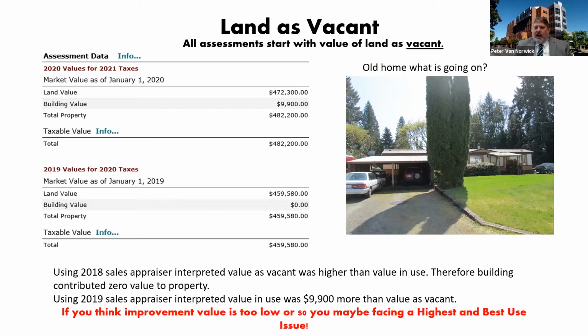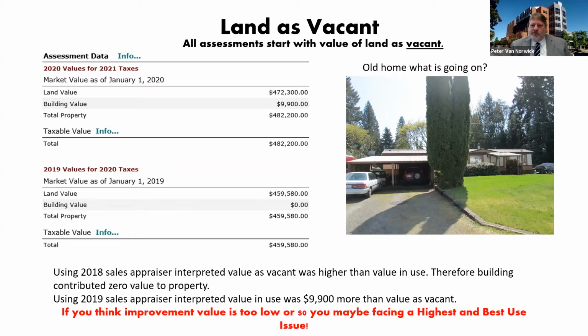If you have a highest and best use issue, a lot of times you can't get conforming residential loans on them, because we're basically saying that the highest and best use of that property would be to change that land into developable land.